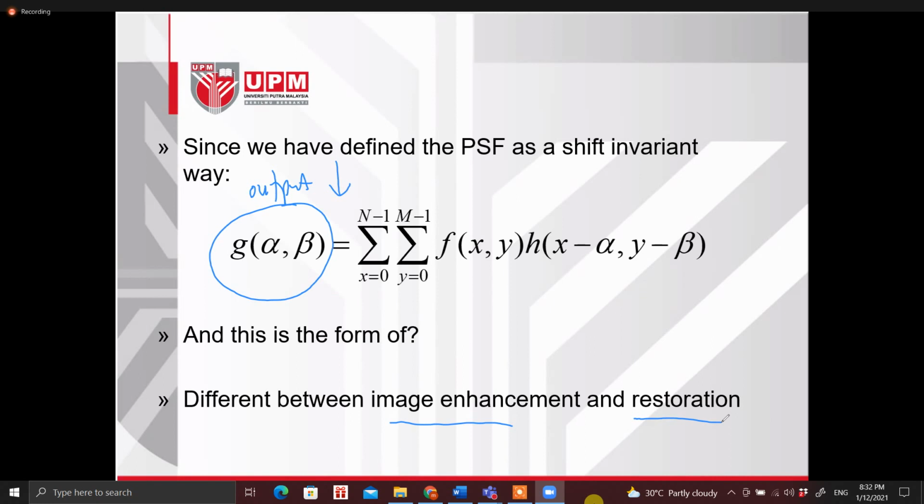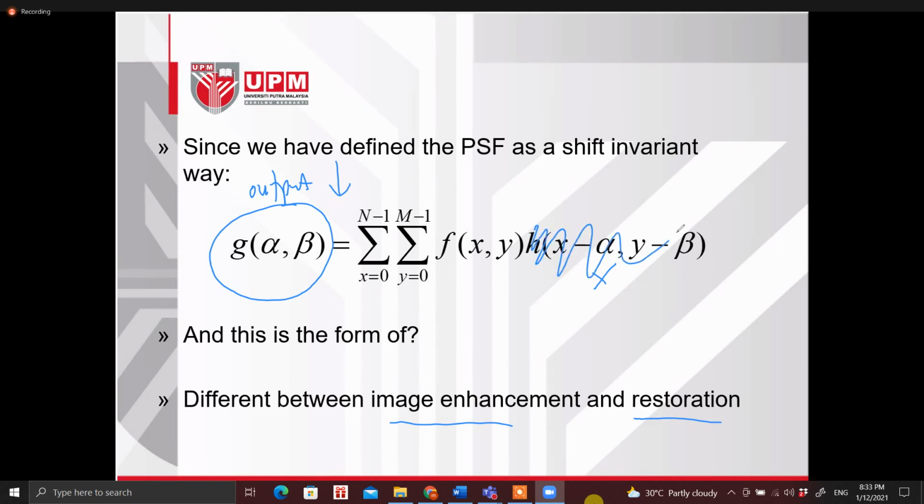Okay, what does image enhancement mean? Similar to when you take a picture using your mobile phone and you get a not good image, you try to improve the quality of the image without trying to understand how the image has been degraded.